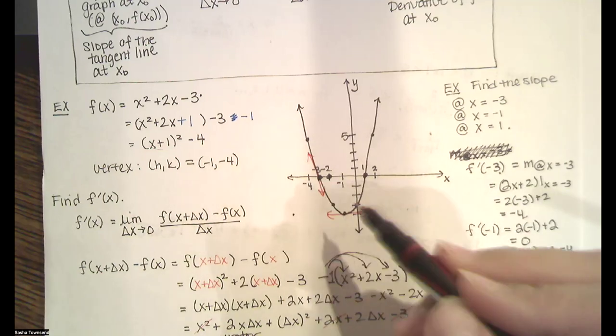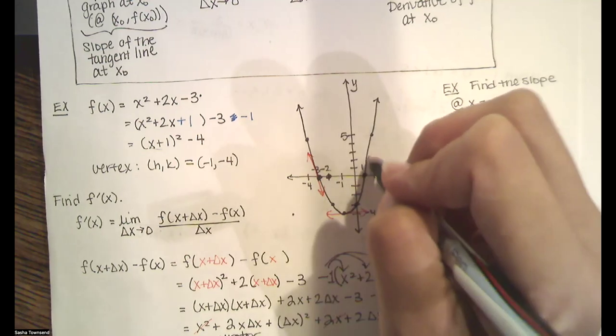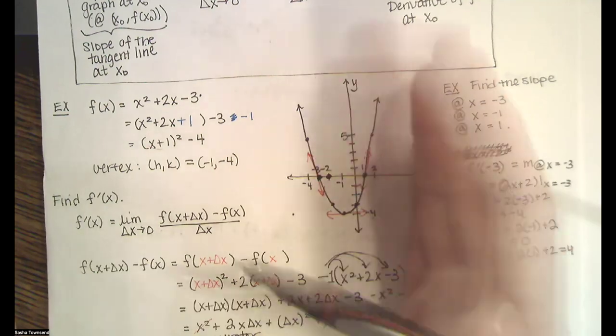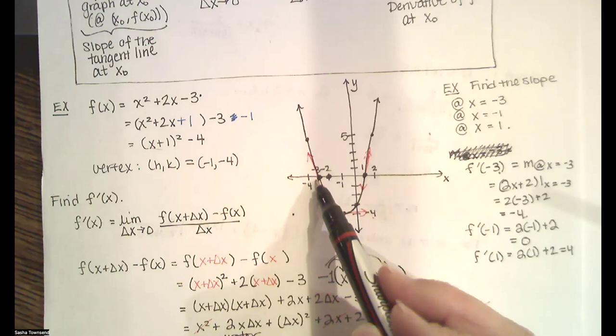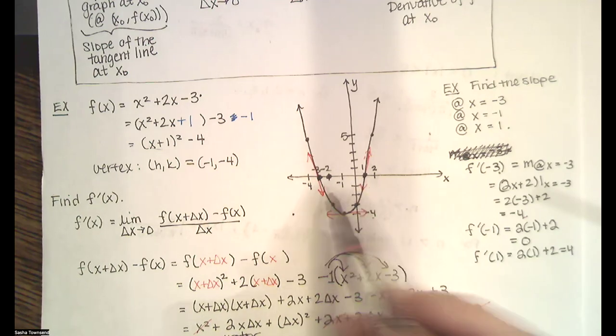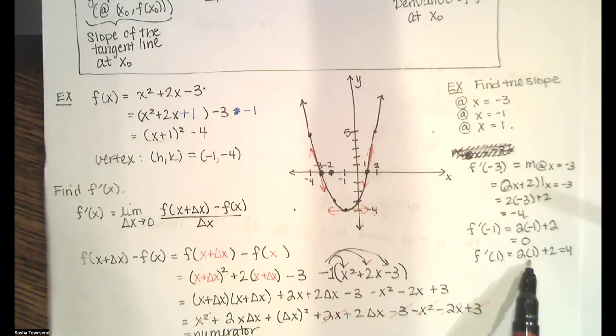It looks like it is. And then at x equals 1, we have a slope of +4. I didn't mean to choose points that were an equal distance from -1, but I guess I accidentally did. And because of symmetry, we get the -4 and then the +4 there. So yeah, those are the expected slopes.